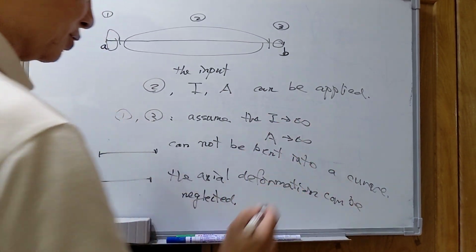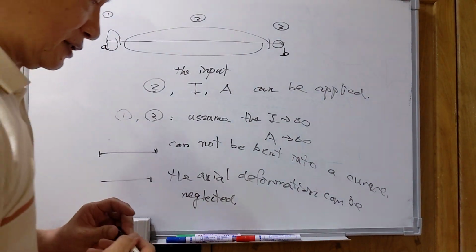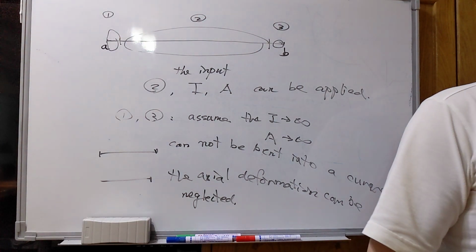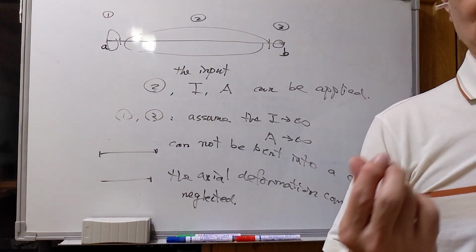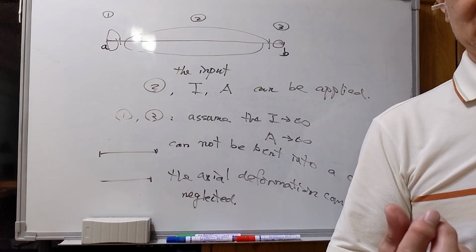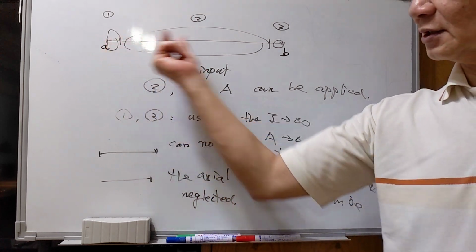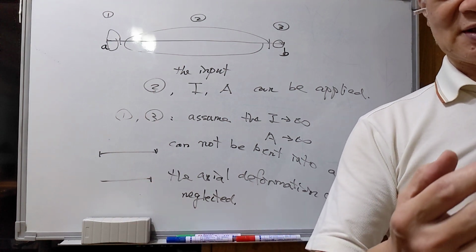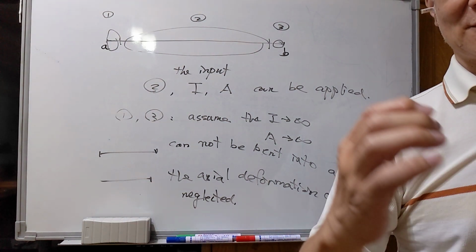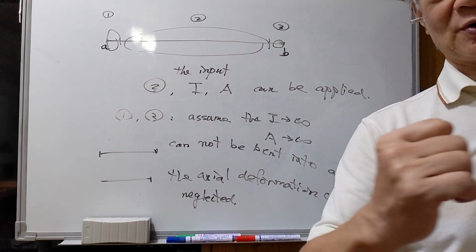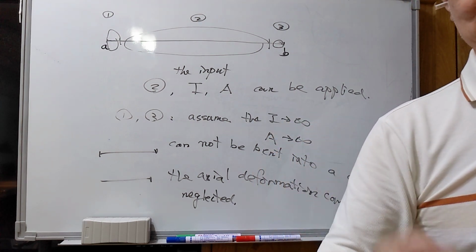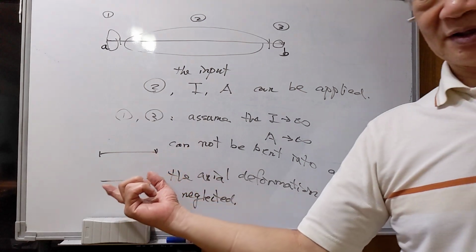Since we assume not only the moment of inertia but also the sectional area A close to infinity, at these two parts the center line cannot be bent, or compressed, or get any kind of elongation of the end.